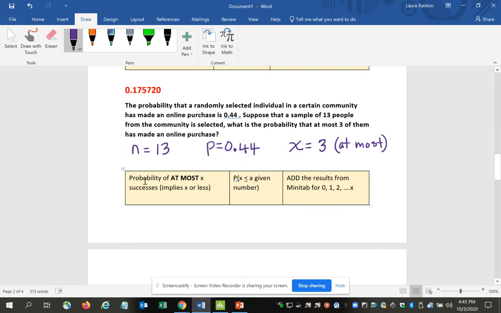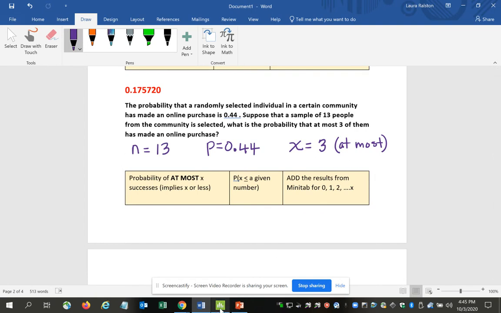So the probability, again, I found it in the table. Again, I focus on that word, at most. So the probability of at most X successes, which means X or less. And it tells us we're going to add the results from MINITAB for X equals 0, 1, 2, 3, all the way up to whatever the X value is.